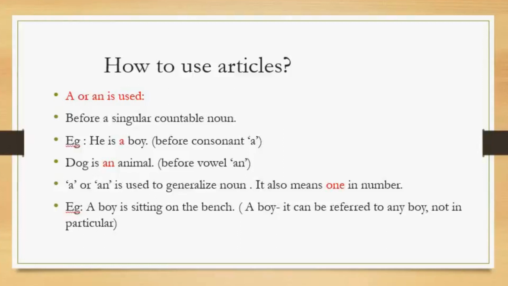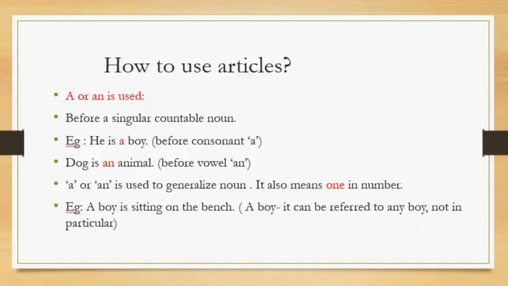The consonant sound is b. So we use a. Here in the second sentence, you can see animal. Animal has a vowel sound, a sound is there. So we have to use an.